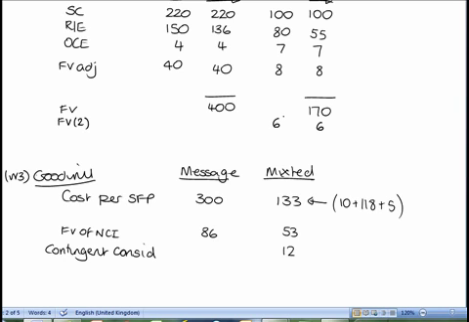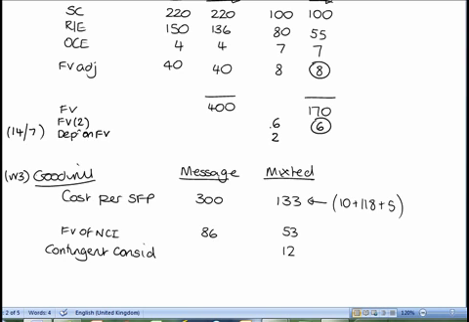PPE is depreciated over 7 years. So depreciation on the fair value, 14 is the total fair value adjustment because it's 8 plus 6. Depreciate that over 7 years. We've owned the subsidiary for 1 year.